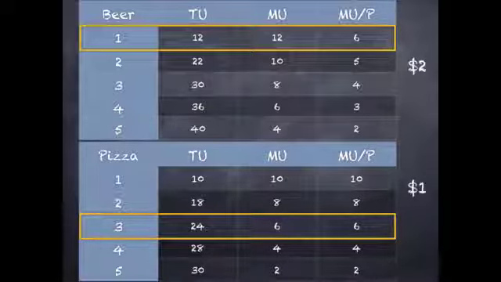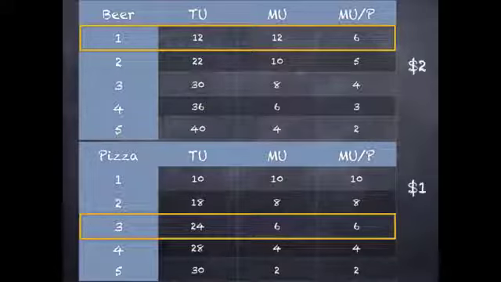So we want the marginal utility of beer divided by the price of beer to be equivalent to the marginal utility of pizza divided by the price of pizza. And in our instance here, it is where we consume 1 beer and 3 slices of pizza.